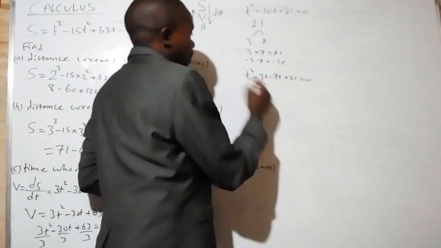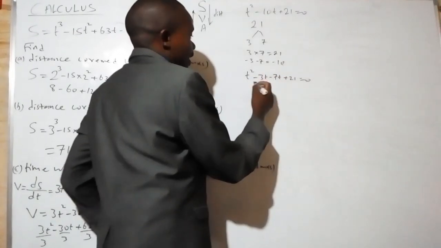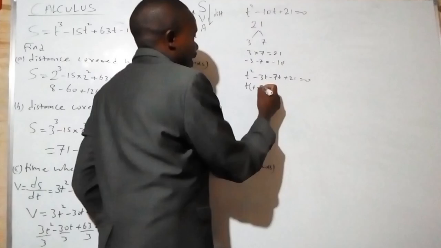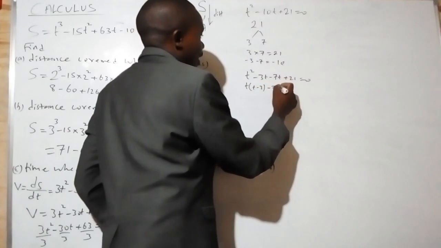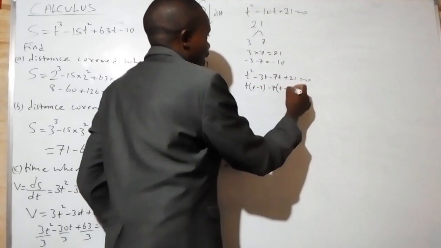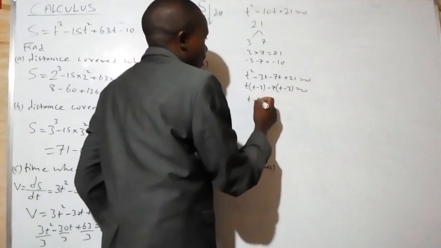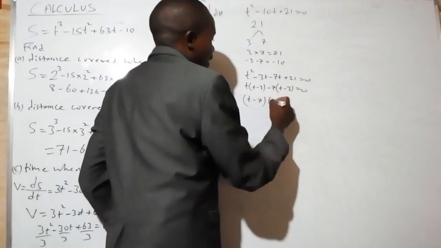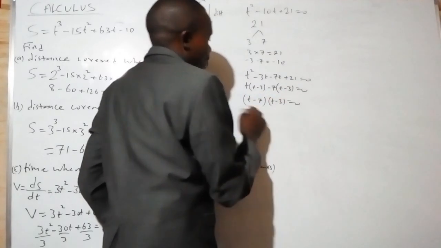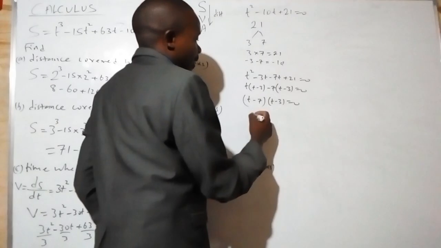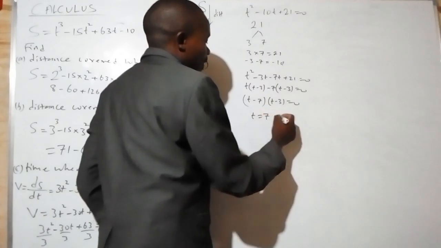Common factor: t minus 3, minus 7, t minus 3 is equal to 0, so t minus 7, t minus 3 is equal to 0. Each bracket we equate with 0, and t will be 7 or 3.